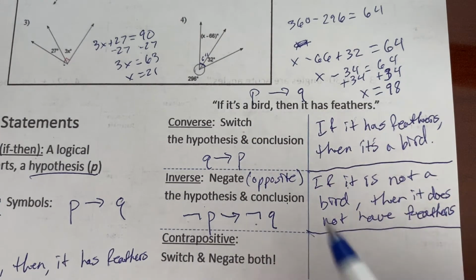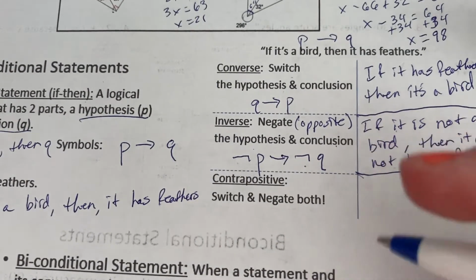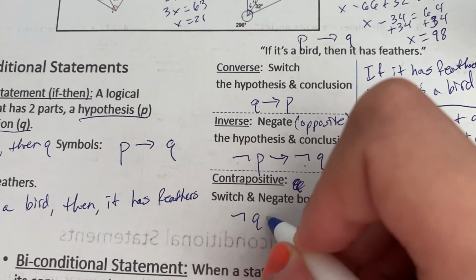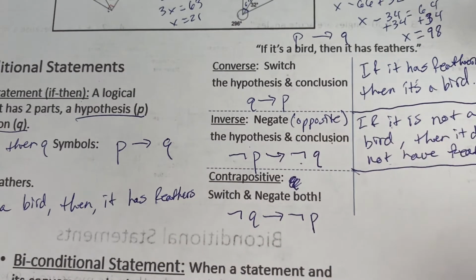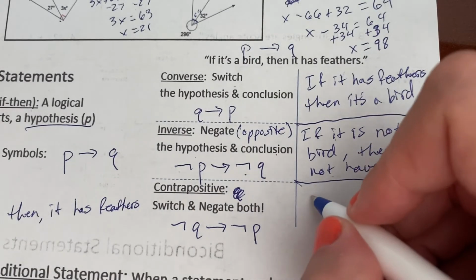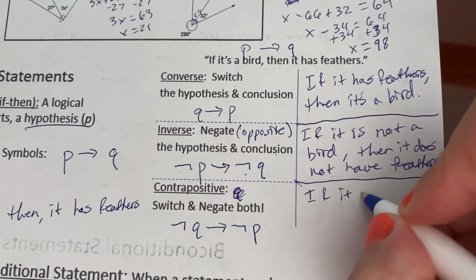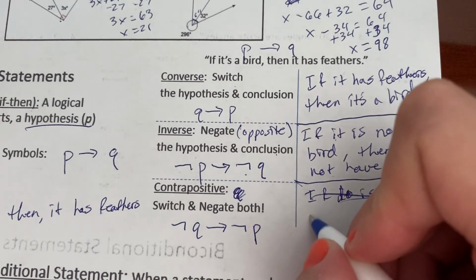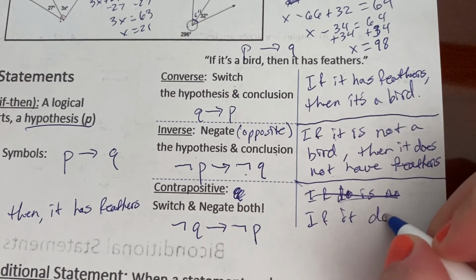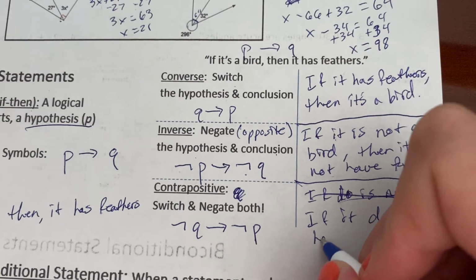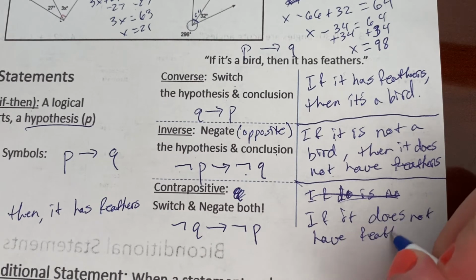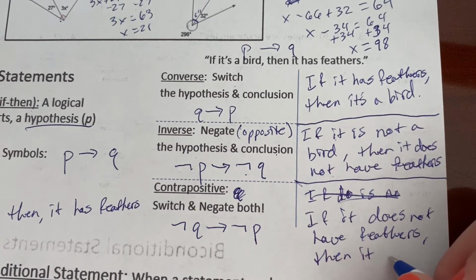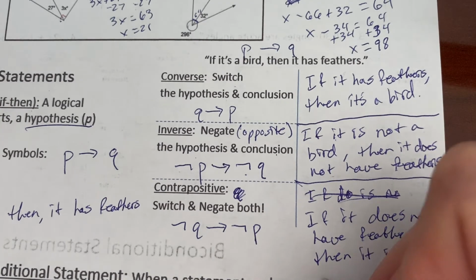All right, so contrapositive is switching and negating both, okay? So the way we write this is not Q, then not P. All right, so we take this and we go, if it does not have feathers, then it is not a bird.